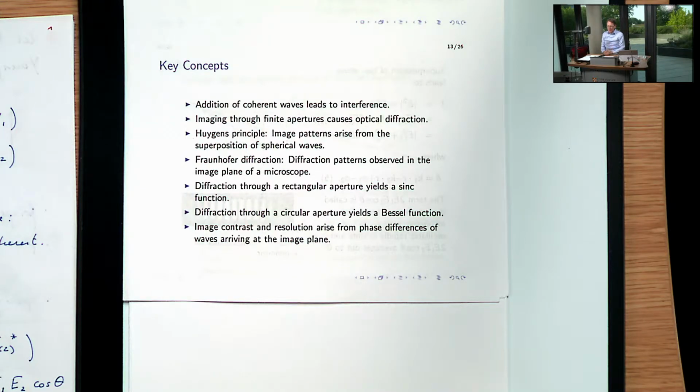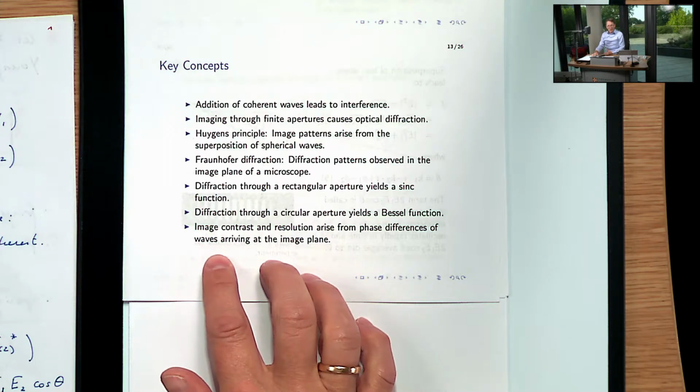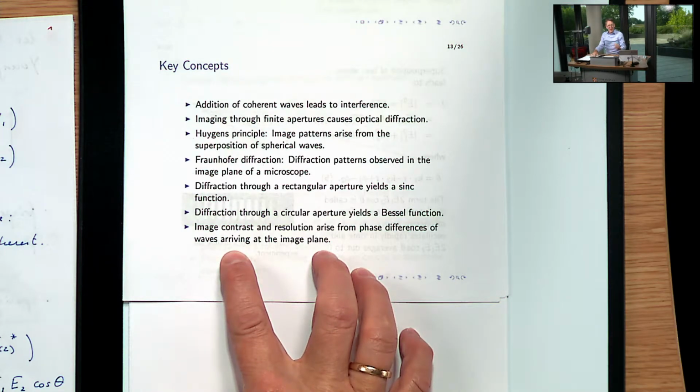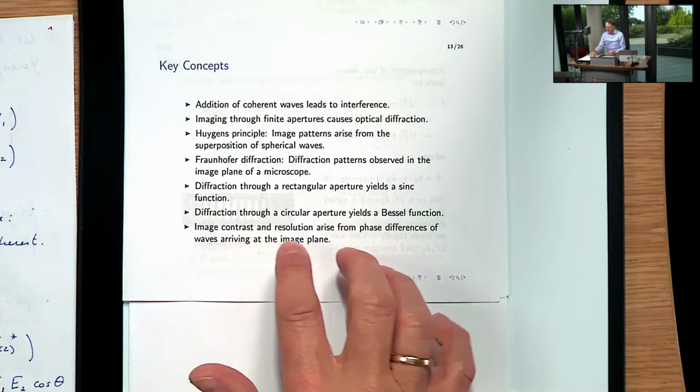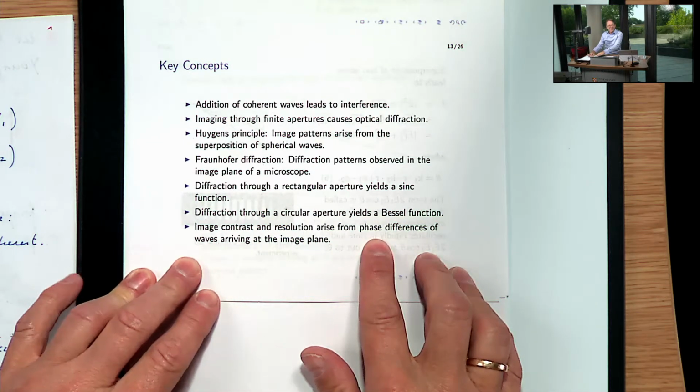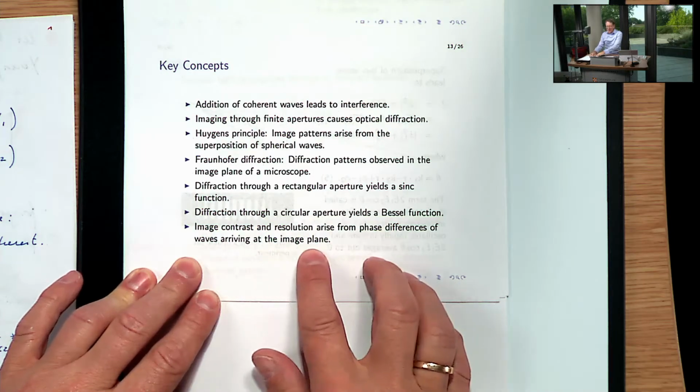And finally, a message to take home. This won't mean so much to you at this point, but as we go through this, you find that if you want to generate an image of an object with light waves, then the contrast in the image, your ability to discriminate different parts of the sample, arises from phase differences in waves arriving at the image plane.